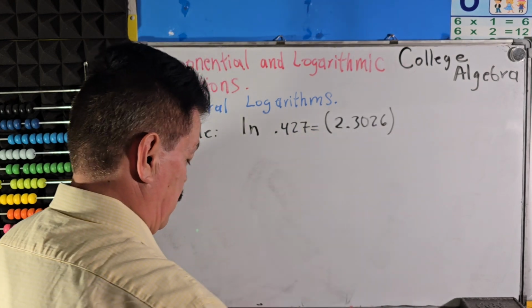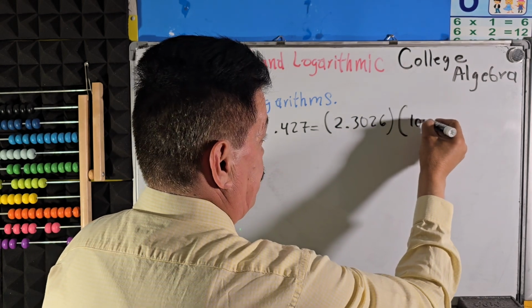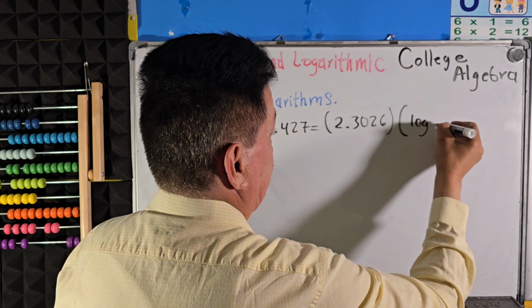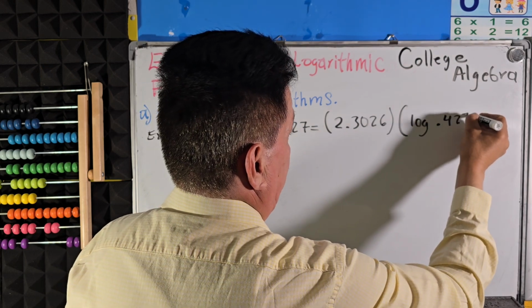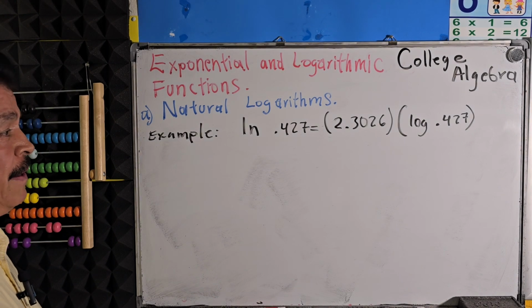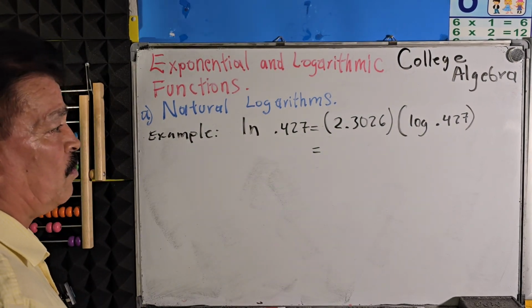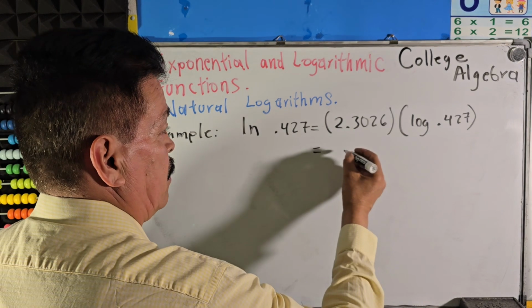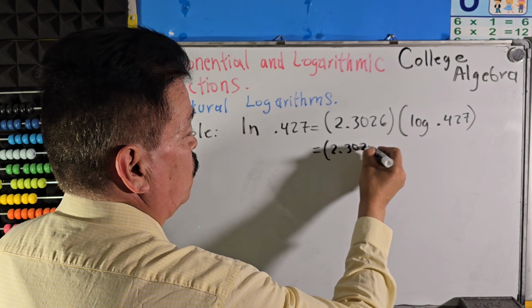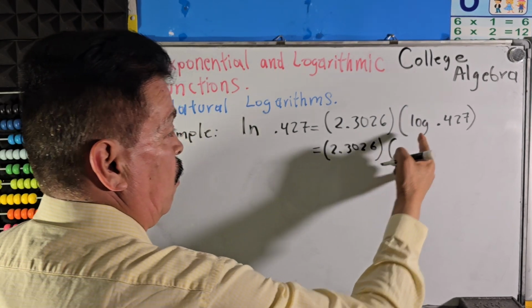open parenthesis, 2.3026 times log of 0.427. All right, so next step, we just multiply here 2.3026 times log.